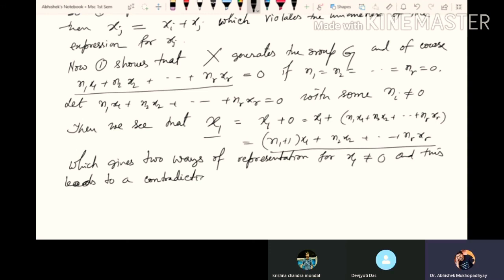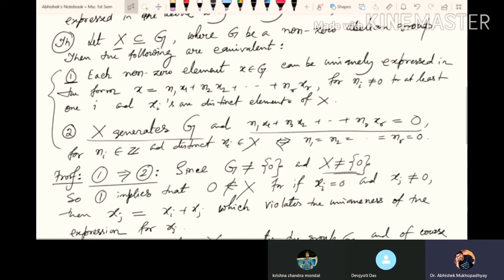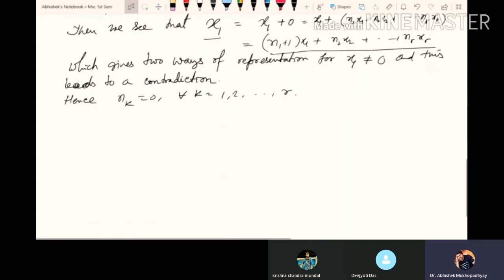This leads to a contradiction, and hence our assumption was wrong. That is, some ni is non-zero. This is wrong. So hence every nk is 0 for all k from 1 to r. So this proves that 1 implies 2.